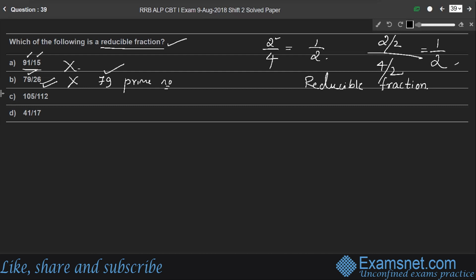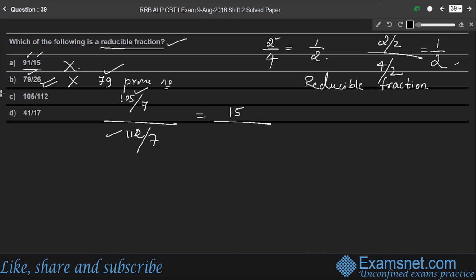So when it comes to 105 by 112, 105 can be divided by 7, right? And also 112 by 7. So both the numbers are divisible by the same number. So 7 into 15 is 105. Therefore, when 105 is divided by 7, we will get 15.